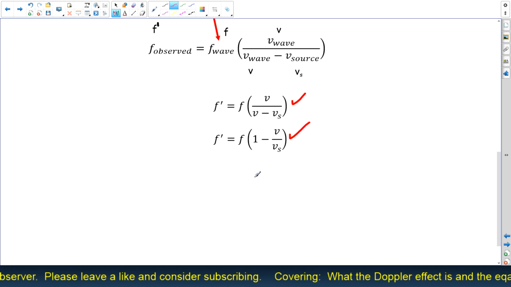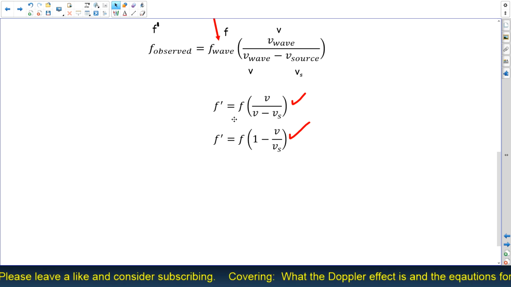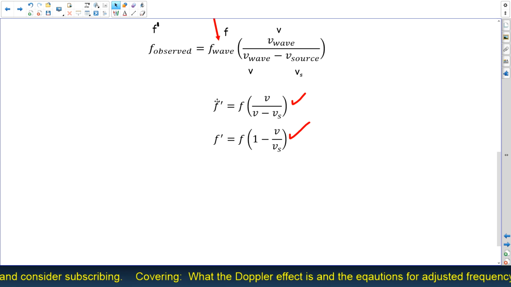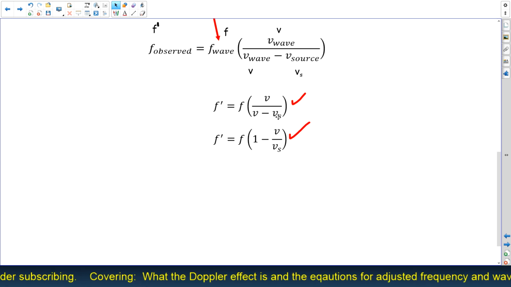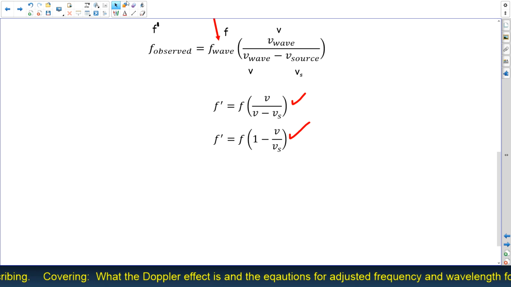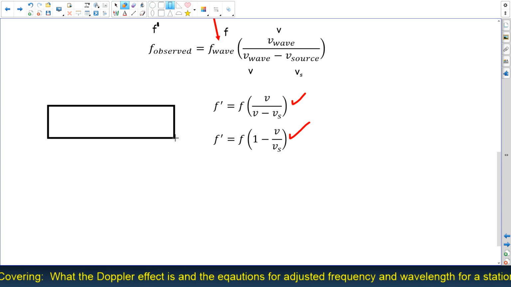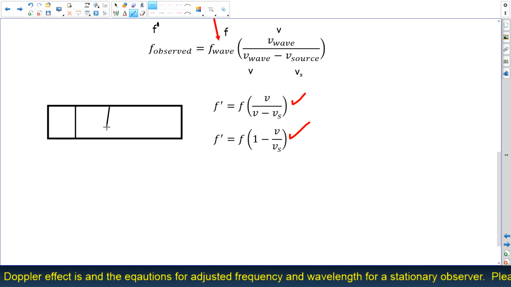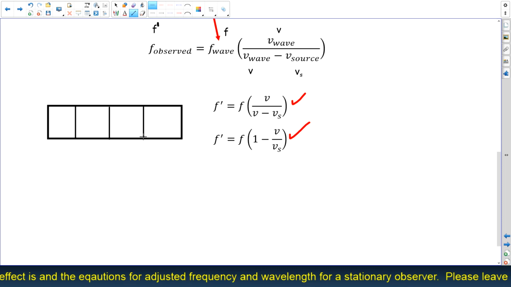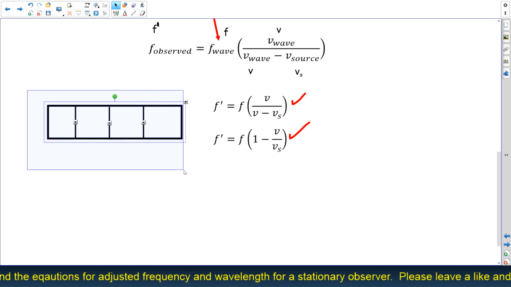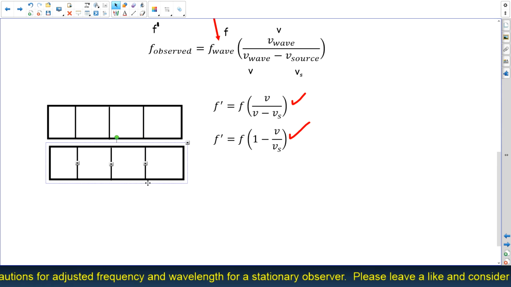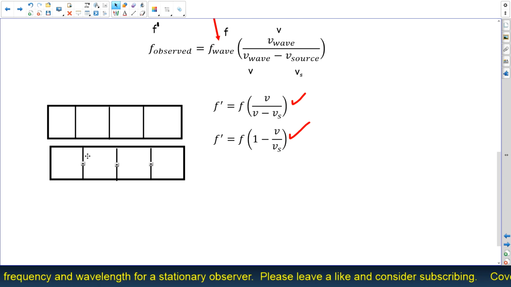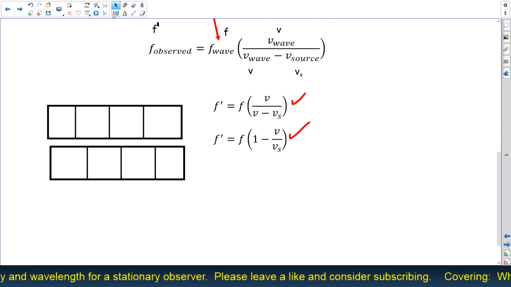What's the purpose of this? Well, if we happen to know what the speed of the wave should have been and what its frequency is, and then what we observed, we should be able to work out the speed of the source. And that's something that can be done when you're looking at spectroscopy lines. If you have, say, the line spectra for a particular gas that you happen to know, and then you observe it from a distant object, and you find that the frequencies are in different places.